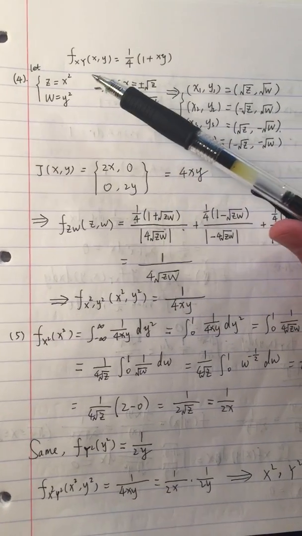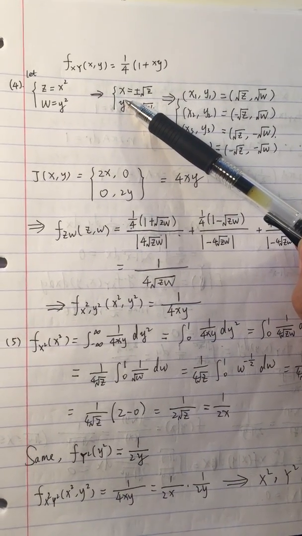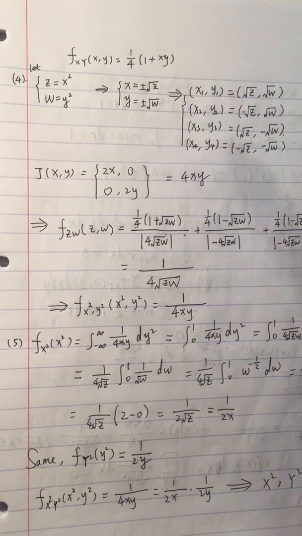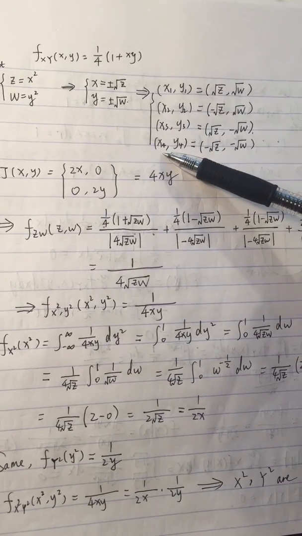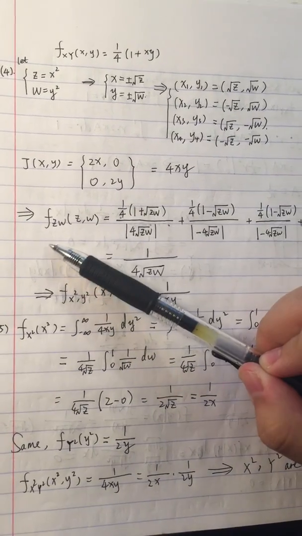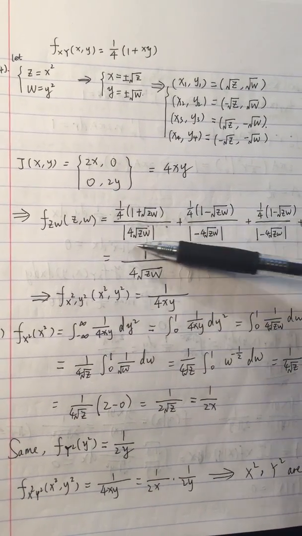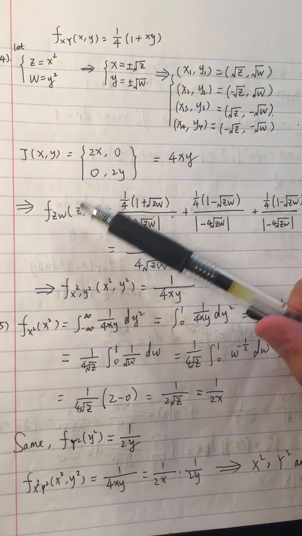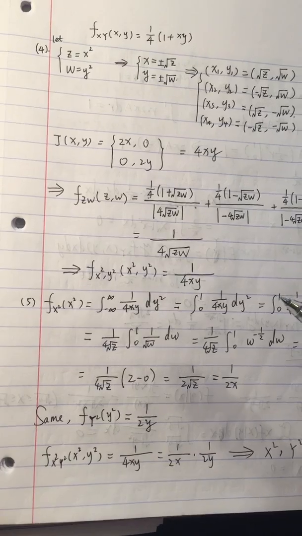We let Z equal X squared and W equal Y squared, and we get that X is plus or minus the square root of Z, and Y is similarly plus or minus the square root of W. So we have four rows, and we can compute the Jacobian, which gives 4 square root of z times square root of w. Adding the four rows together, the joint density of Z and W is 1 divided by 4 square root of z w.